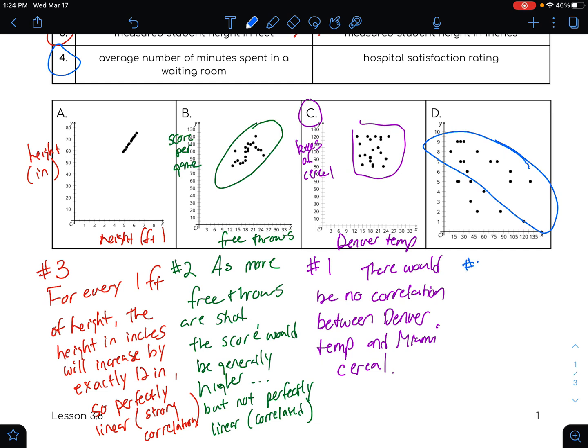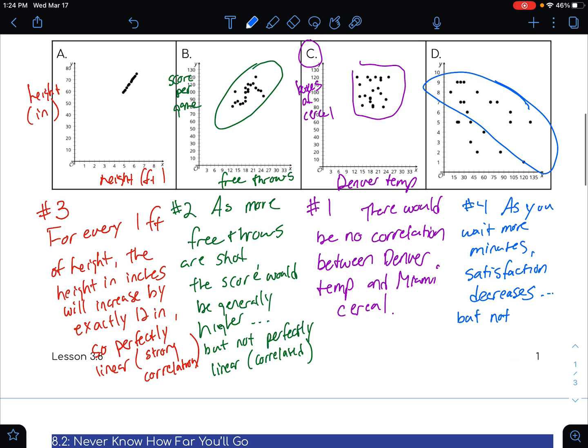So number 4, as you wait more minutes, satisfaction decreases. As one goes up, the other one goes down, but not perfectly correlated, not perfectly linear.